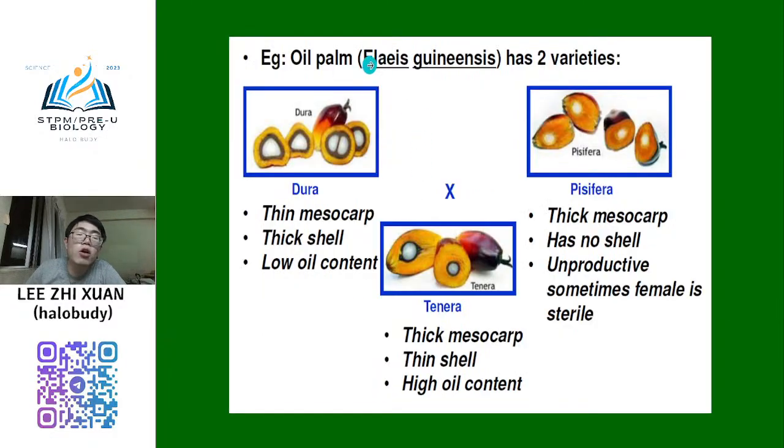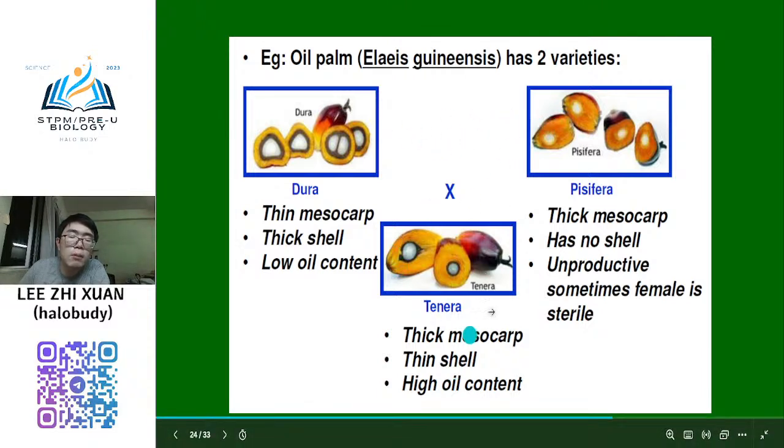Another one is oil palm. These two have totally different characteristics, two different phenotypes, and when they are bred together, mated to each other, they will produce this tenera. So why do they want to produce this tenera? Because it has a thick mesocarp, thin shell, and high oil content.